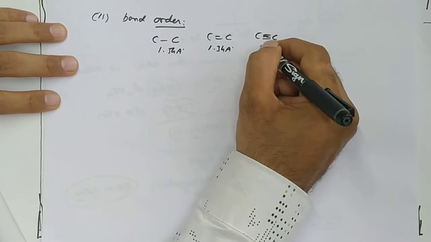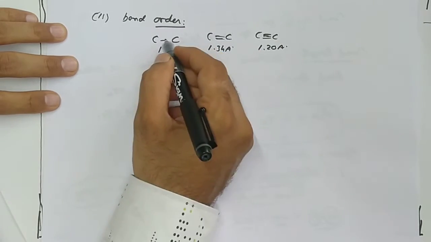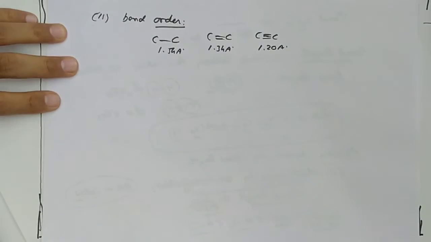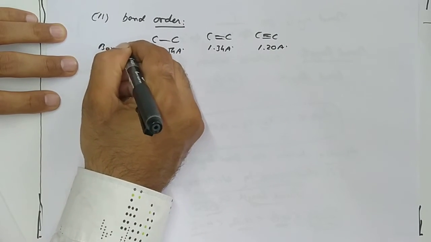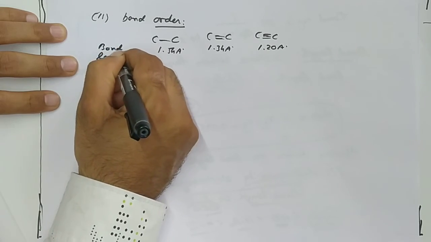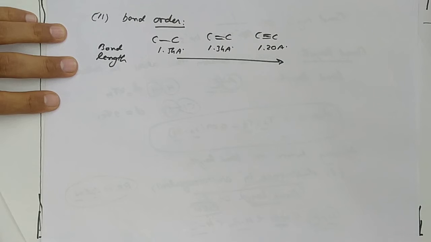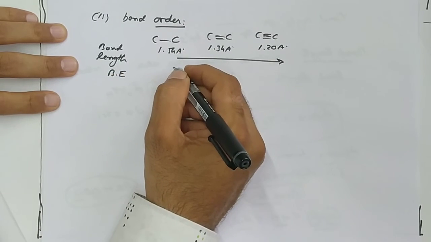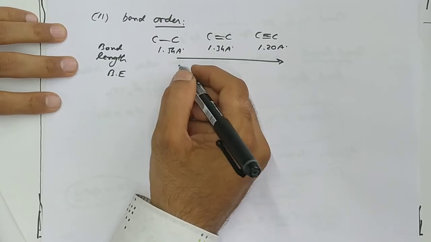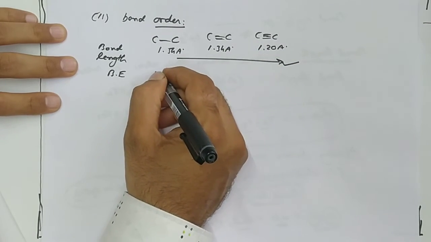In the case of triple bond it is 1.20. With increasing number of bonds, bond length decreases, but bond energy increases.